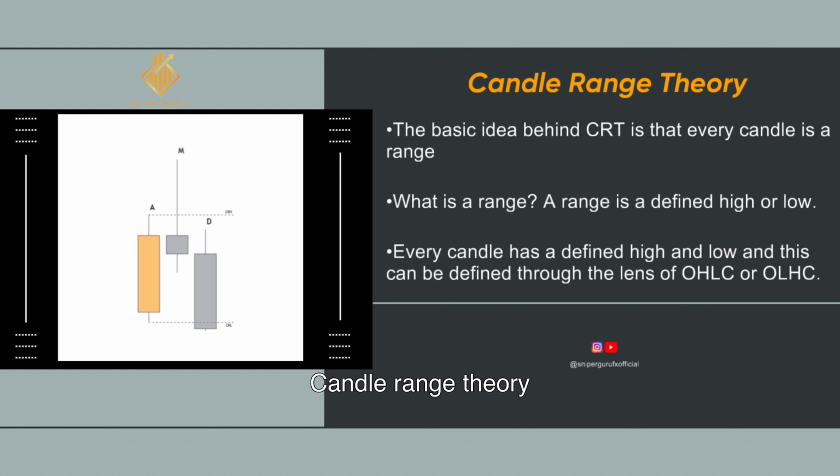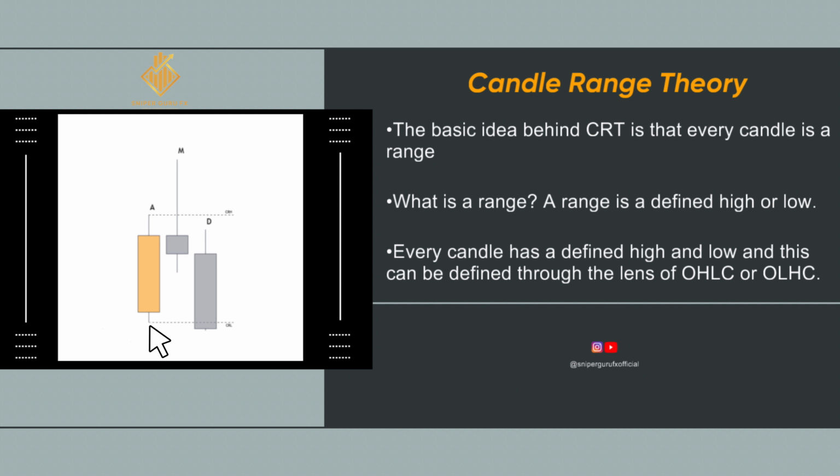Candle range theory, the basic idea behind it is that every candle is a range. Okay, now what is a range? A range is a defined high or low. This is depicted in the accumulation candle, as depicted in the picture on this video.